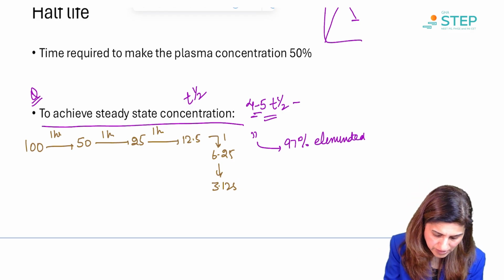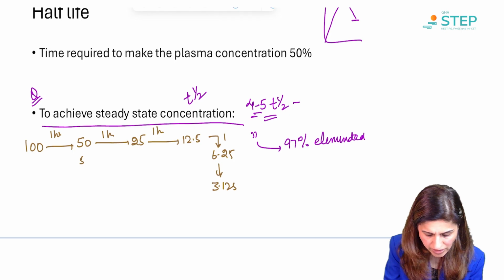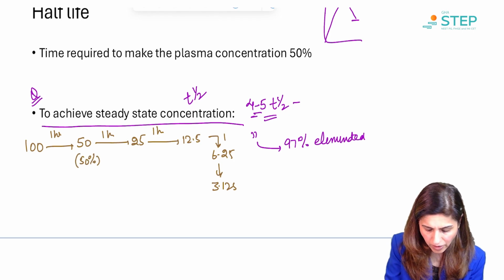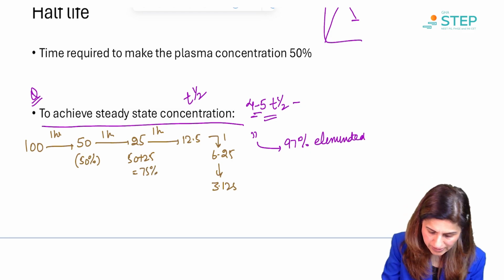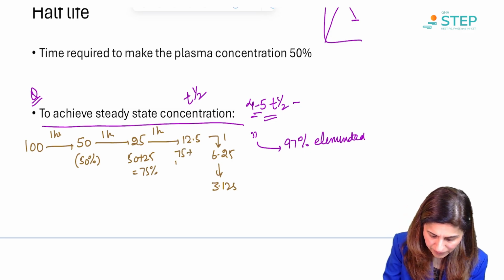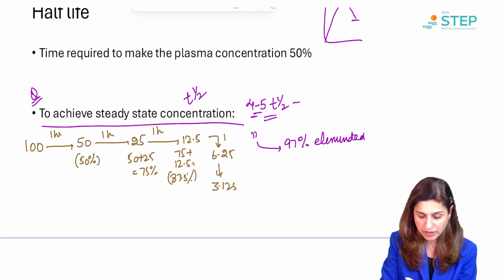So here, from 100, 50% of the drug has gone. Now here, 50 plus 25, which is 75% of the drug, has been eliminated. Here it is 75 plus 12.5, so 87.5% of the drug has been eliminated.